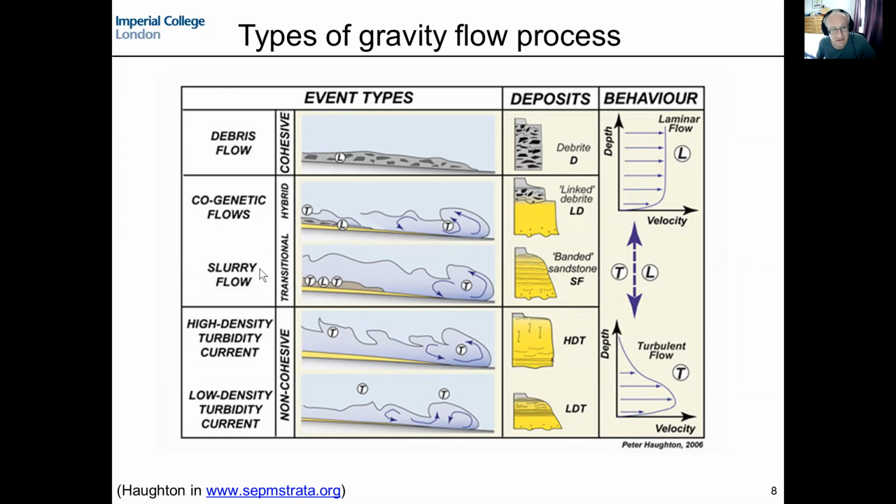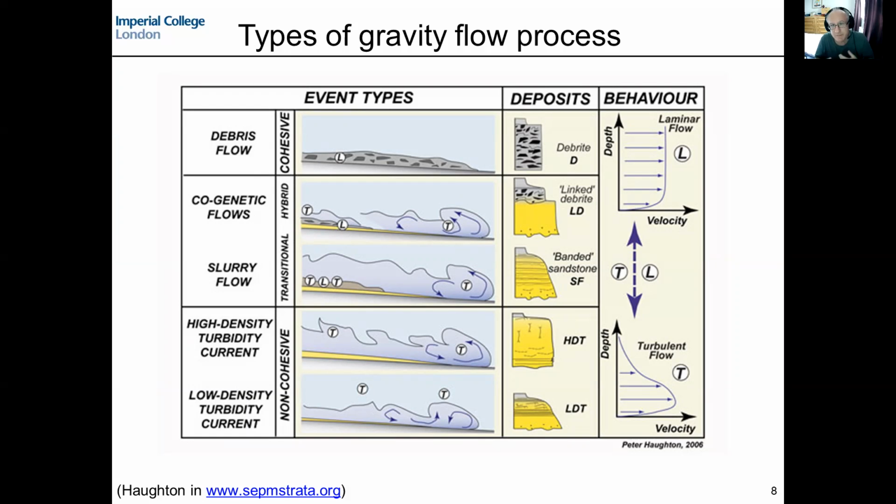We also see categories of flow, slurry flow or cogenetic flows, sometimes referred to as linked debrites. These are terms you may have come across previously. These are flows that switch their behavior. Sometimes they behave as turbidity currents, sometimes they behave as debris flows.